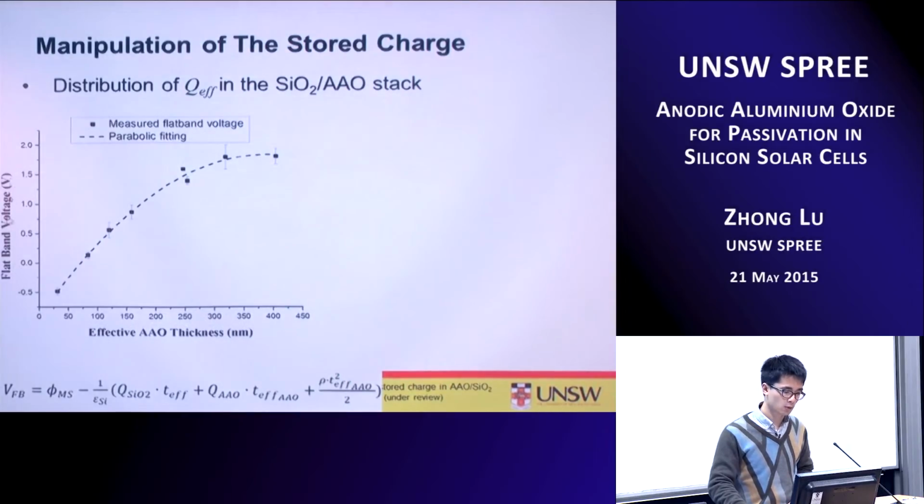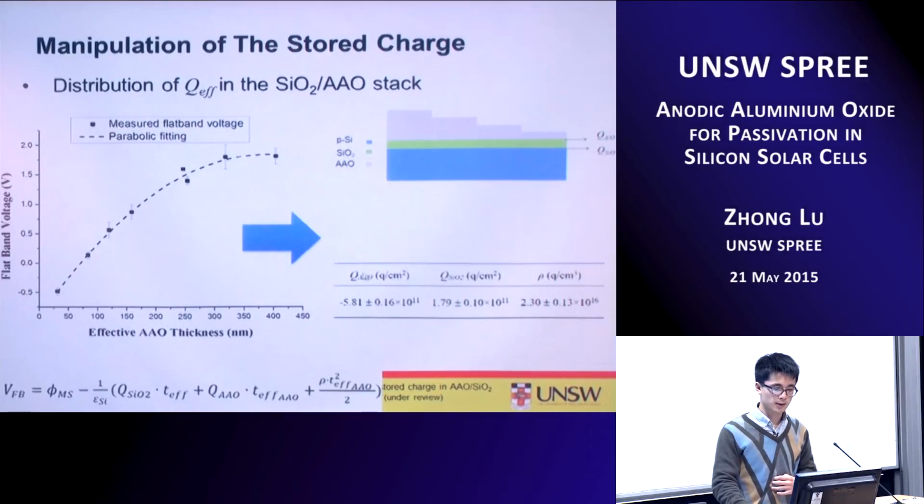This is flat band voltage. This is the effective AO thickness. And you can see that you have this kind of curve. It's a polynomial fitting. And based on the experimental data and this expression, you'll be able to extract each parameter that we proposed in our stored charge model.